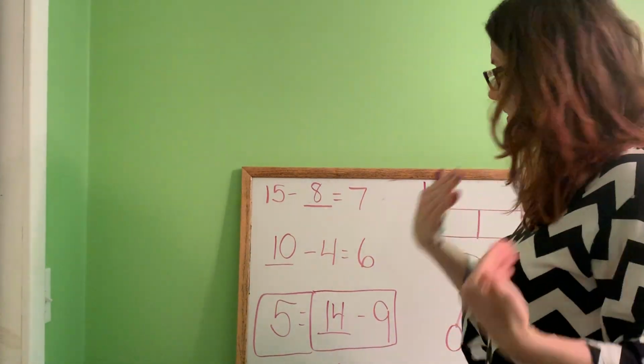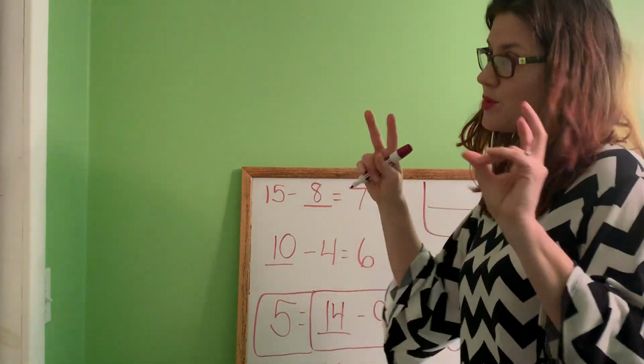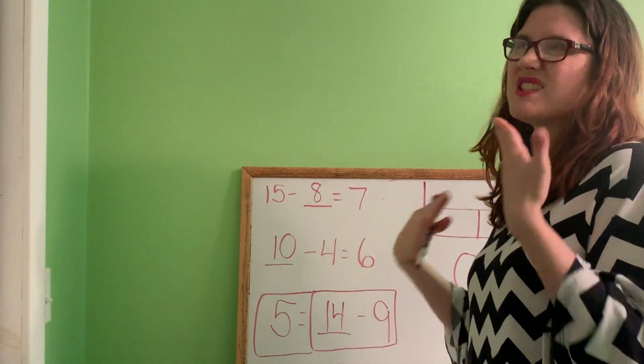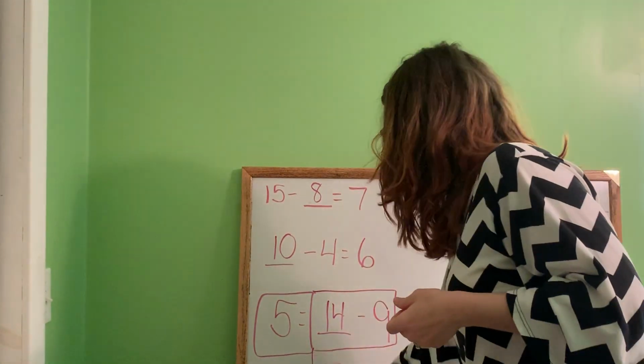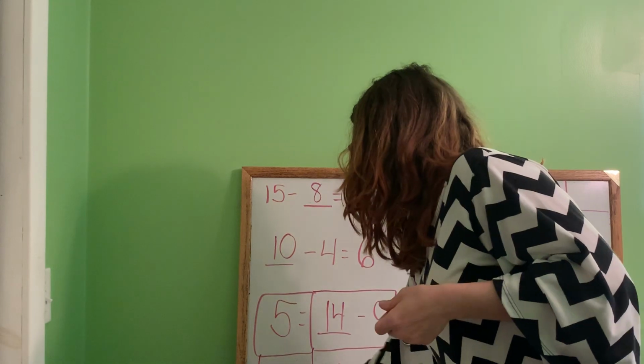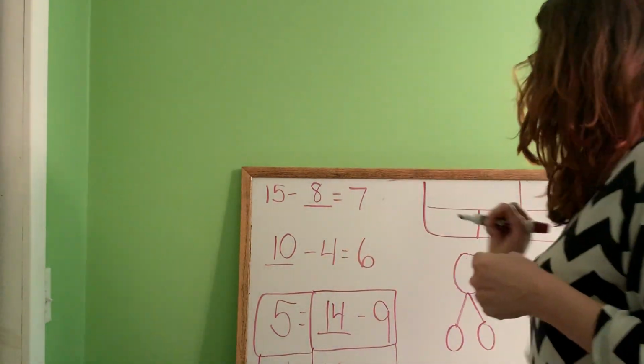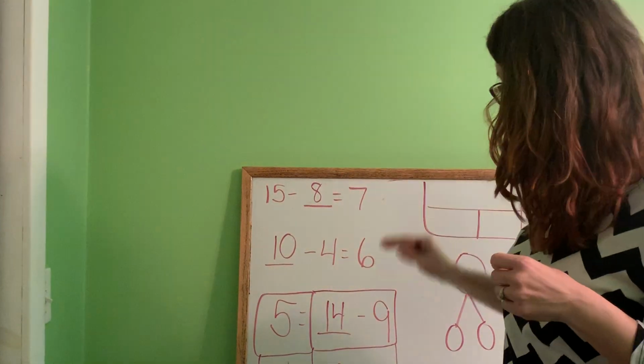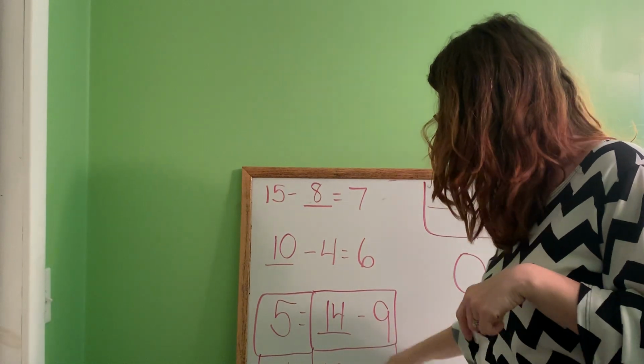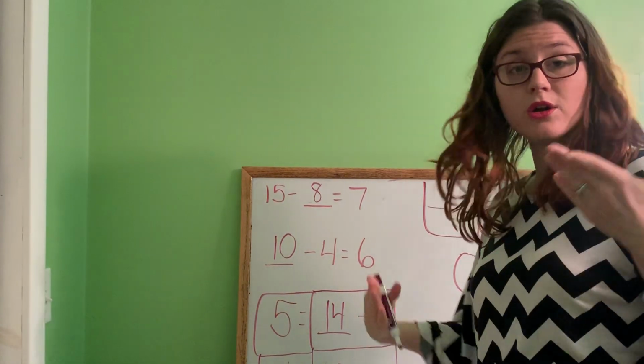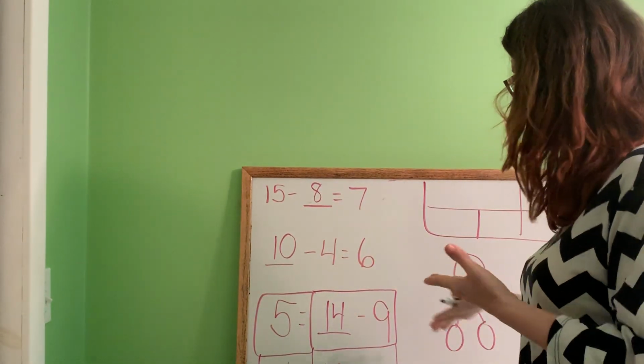Now again, if they're having problems because this is reversed, which really it's not, but it's not the way that we typically see it, you can box up this side and box up that side. So in this problem, we are looking for 12 minus something equals 4, or 4 equals 12 minus something.